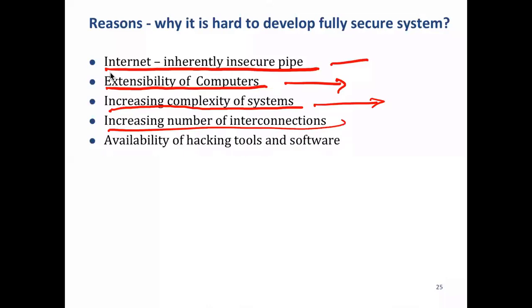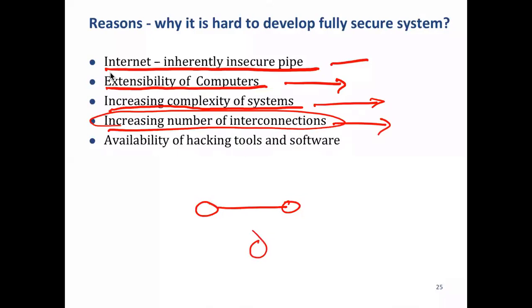And this point is also important: increasing number of interconnections. Okay, why is it important? It's simple. If there are two connections, then there is only a limited way interaction can happen.